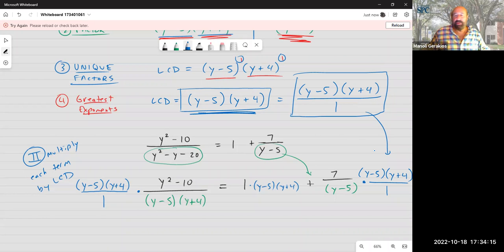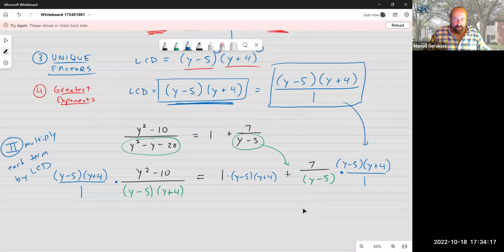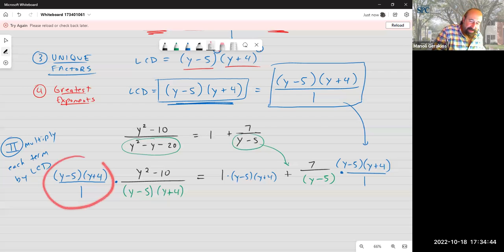Look, I have to say one other thing. When we were just adding or subtracting two rational expressions and combining them, you're only multiplying by the missing factors. Do you see what I'm doing here, though? We did this already in the first example in 6.4. What I'm doing here is I'm using the entire LCD 3 times.